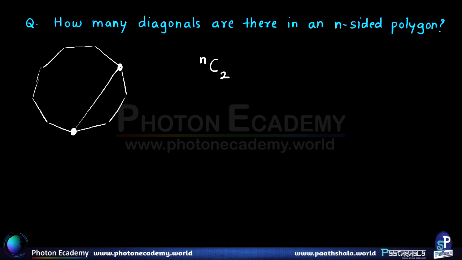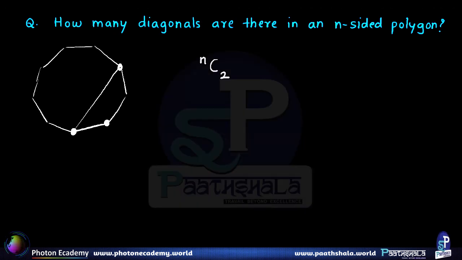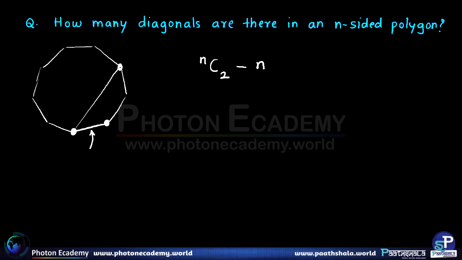But out of these lines, the vertices which are adjacent to each other will form a side which is not a diagonal. So we have to subtract the n sides of the polygon. So nC2 minus n is the number of diagonals present in the n-sided polygon.